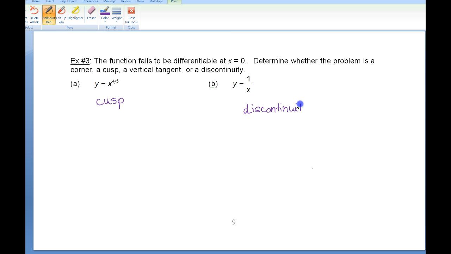It's an infinite discontinuity. In order for it to have a vertical tangent, it has to be continuous. Our example of a vertical tangent was the cube root of x. An odd root of x would give us a vertical tangent. Nothing else is really going to give us that. It's a little confusing because this is an asymptote, so it doesn't actually have a value at 0. So that's the discontinuity.